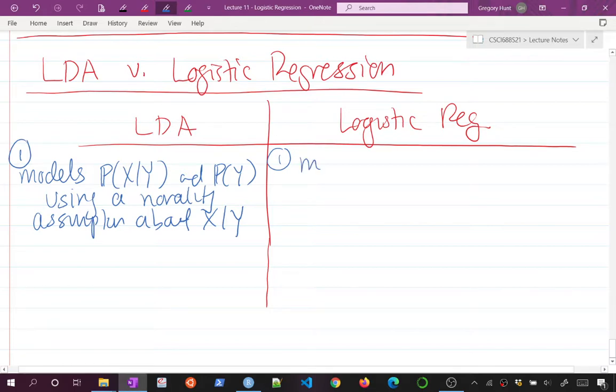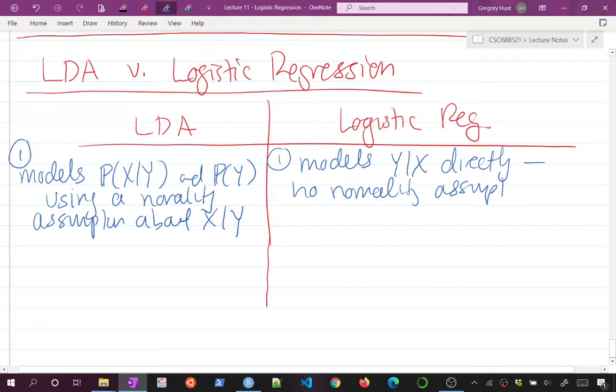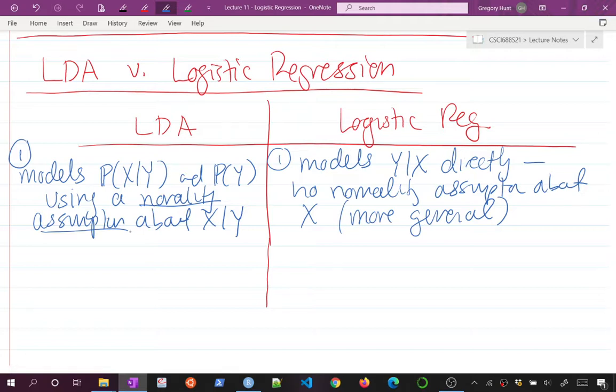Logistic regression models y given x directly and makes no normality assumption about x. And so this generally leads people to say that it is more general, because it doesn't make a normality assumption about a class conditional distribution. It actually is agnostic to the distribution of x. It's not really directly modeling the distribution of x.